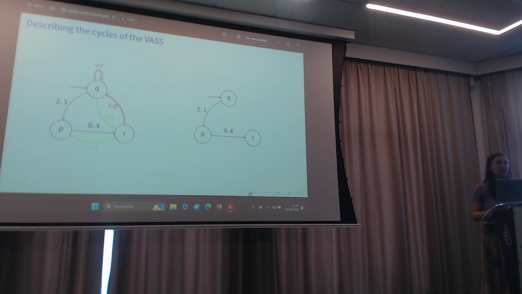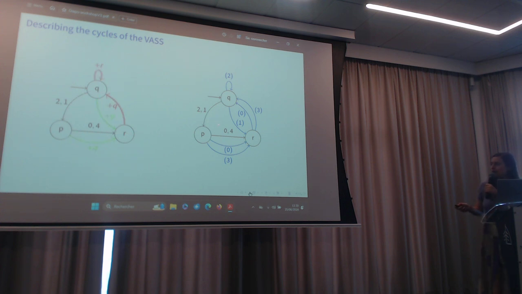I will not explain it in all detail, it will be a very gross simplification. The first thing you need to do is to describe all the simple positive cycles that will be created in the VASS. Maybe the algorithm goes like this: you create a new transition.